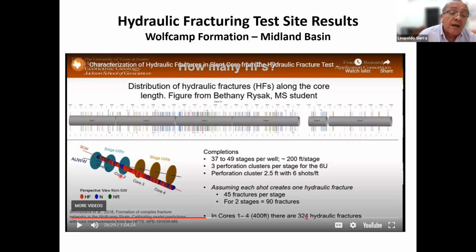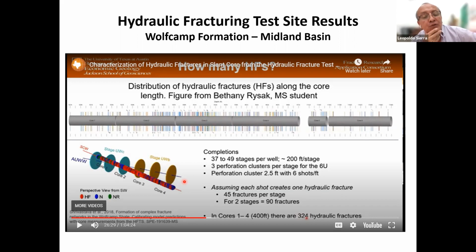And also, according to the calculation they made in the previous publications, for 2 clusters of perforation, the spacing between the perforation clusters was 2.5, and they used 6 shots per foot.